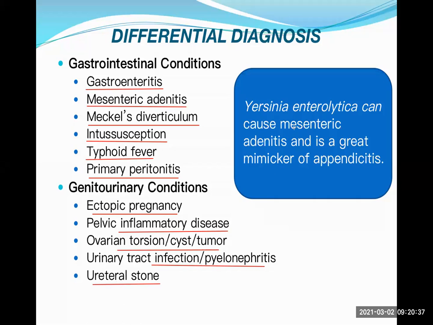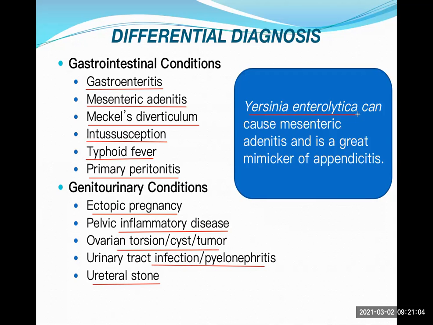Now, there is one important point written here. Yersinia enterocolitica is a type of bacteria. It belongs to the Yersinia family, just like Yersinia pestis, which is the causative agent of plague. But this is not the causative agent of plague, it causes GI infection. That's why the term enterocolitica. This is a gram-negative bacillus.